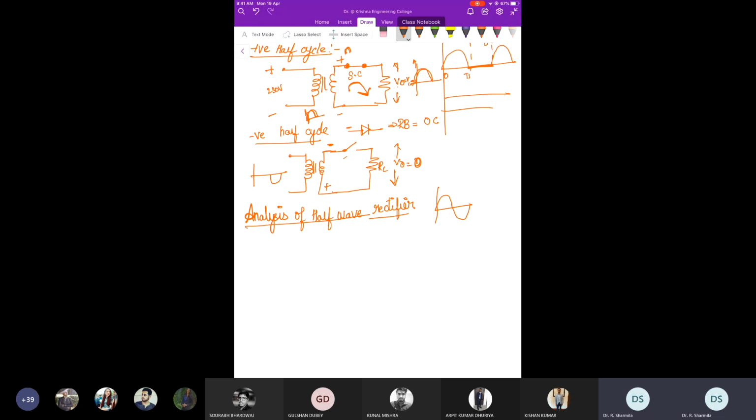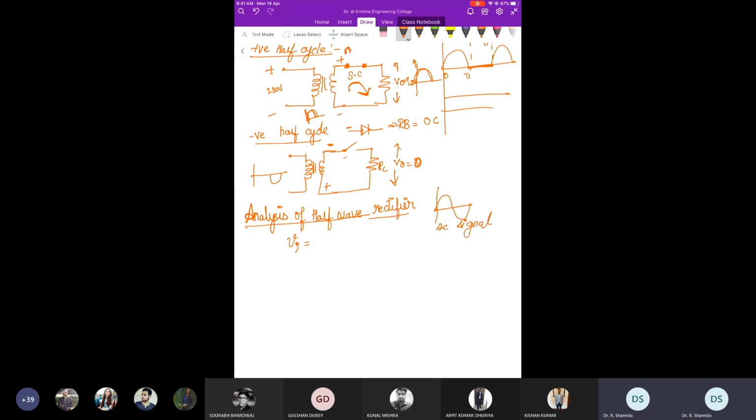So generally for this analysis, I am going to write a mathematical expression for this waveform. Generally here the input voltage, that is the voltage given to the circuit, is nothing but an AC signal. Here I am considering it is a sine waveform.